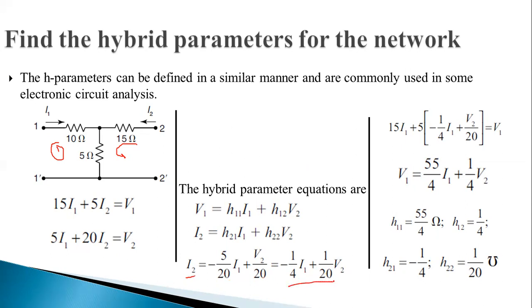So we will get this equation, and when I solve all this, I will get H11 equal to 55 by 4, H12 equal to 1 by 4, H21 equal to 1 by 4, and H22 equal to 1 by 20 mho. In this way, we get the hybrid parameters for the given circuit.